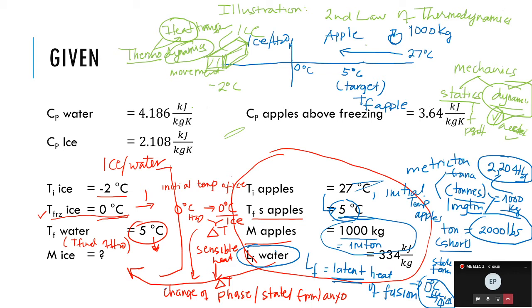So heat transfers from the hotter body, or higher energy gradient, to the colder energy gradient. So the first and second laws of thermodynamics apply here. So now what I would like to discuss is this: what is happening when the heat of the apple transfers to the ice?